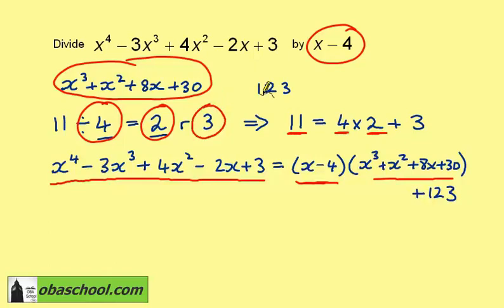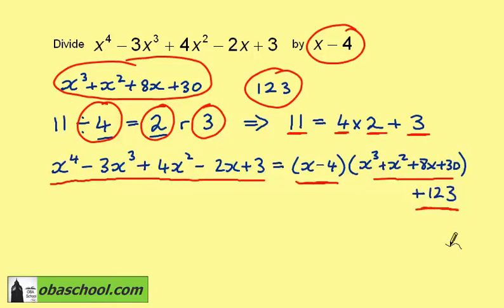The remainders were 3 and 123, and we can see that these are in equivalent positions. So when we divide a polynomial, that polynomial is equal to the divisor multiplied by the quotient, add the remainder. And this will be very important in our last example.